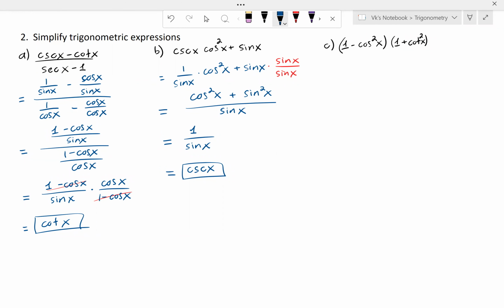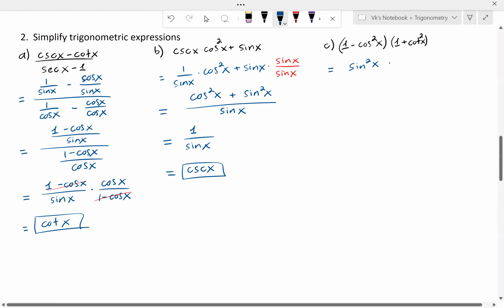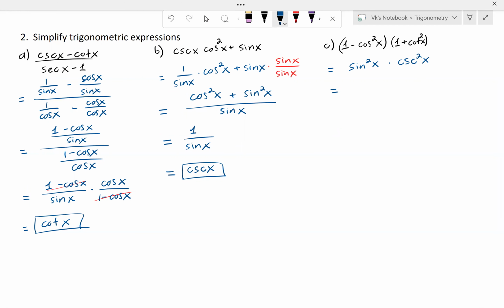Okay, in C, when you look at this one, do not FOIL, use identity. 1 minus cosine squared multiplied by 1 plus cotangent squared. 1 minus cosine squared is sine squared, Pythagorean identity. 1 plus cotangent squared is cosecant squared. And cosecant is 1 over sine, so cosecant squared is 1 over sine squared. Sine squared times 1 over sine squared, and then the sine squared cancels out.